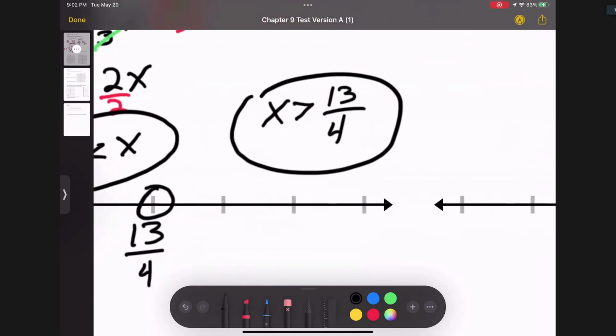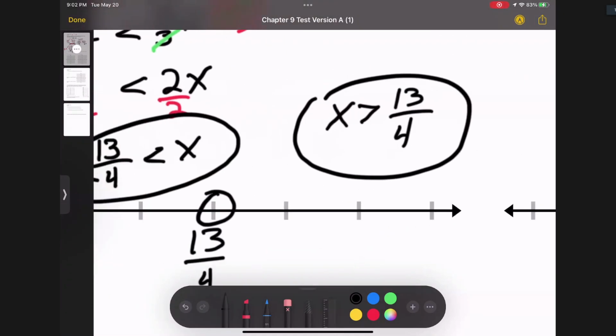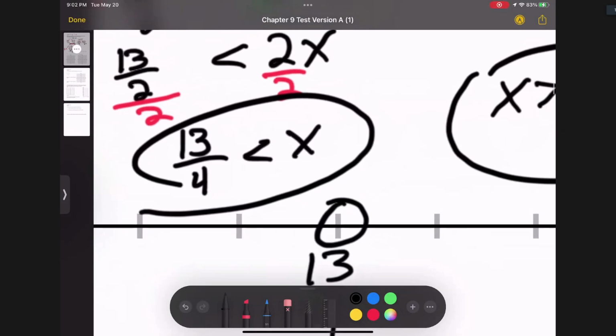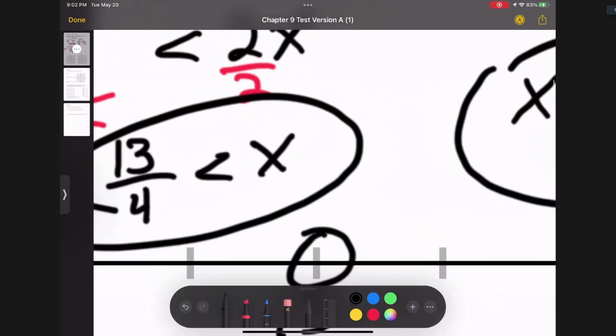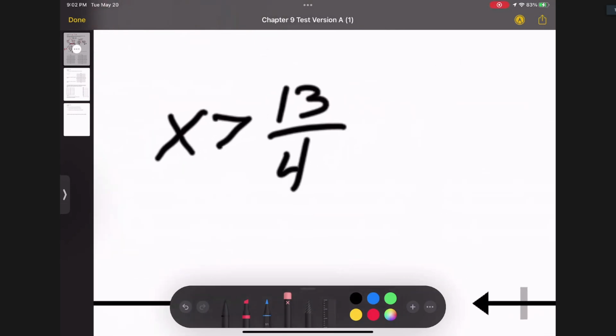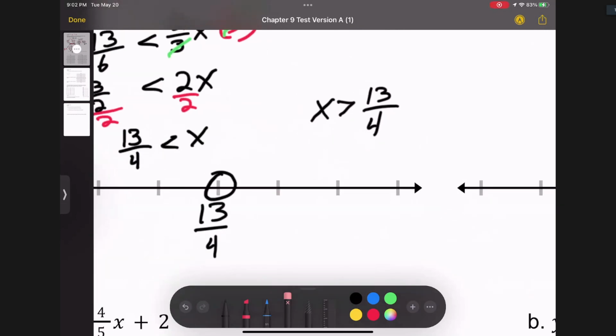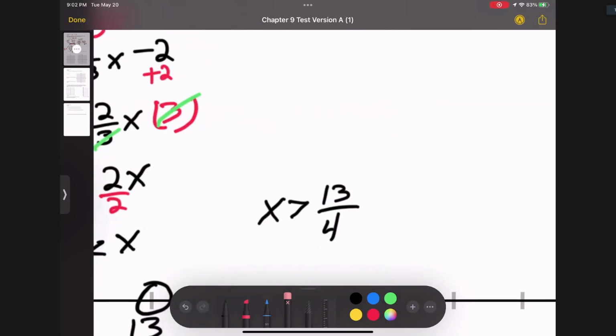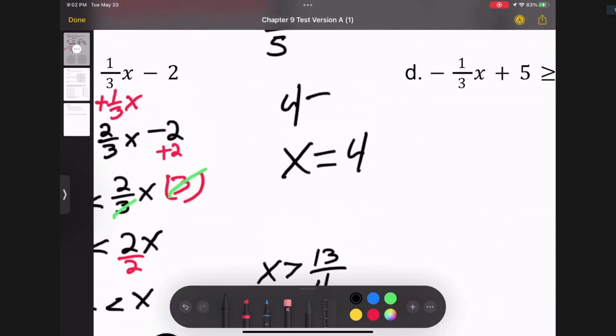It might be easier to see it this way than it is this way, but this is still saying x is greater than 13 over 4. It's still the same thing, but it might be a little bit easier to see it in this direction when you flip it around. That's like the same reasoning as saying we tend to prefer to say x is equal to 4 instead of saying 4 is equal to x.